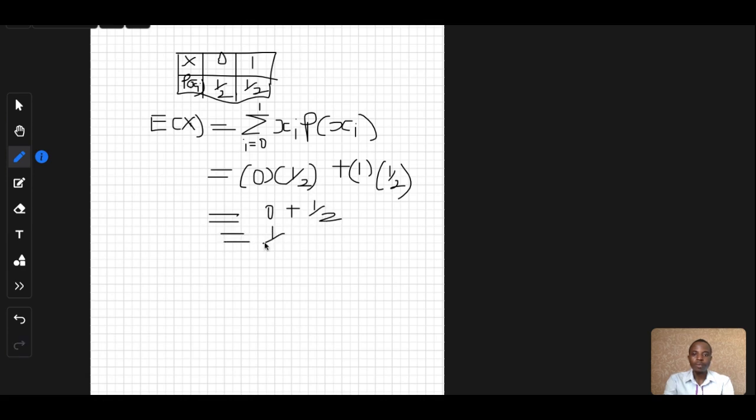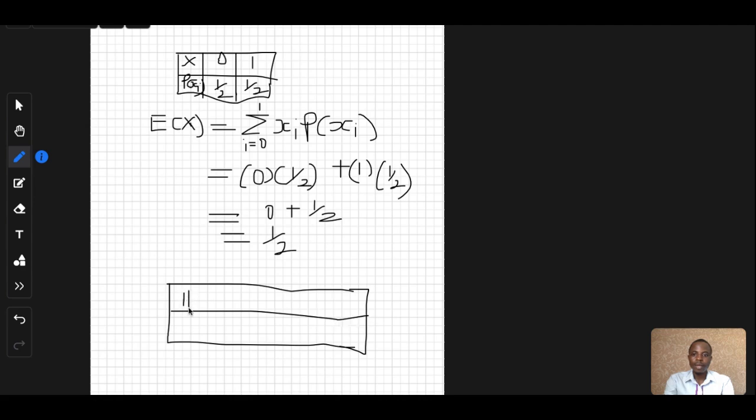What about if we toss our coin 2 times, and we're checking for the number of heads. You're already aware of that. We may have head head, we may have tail head or head tail, and then we may have tail tail.